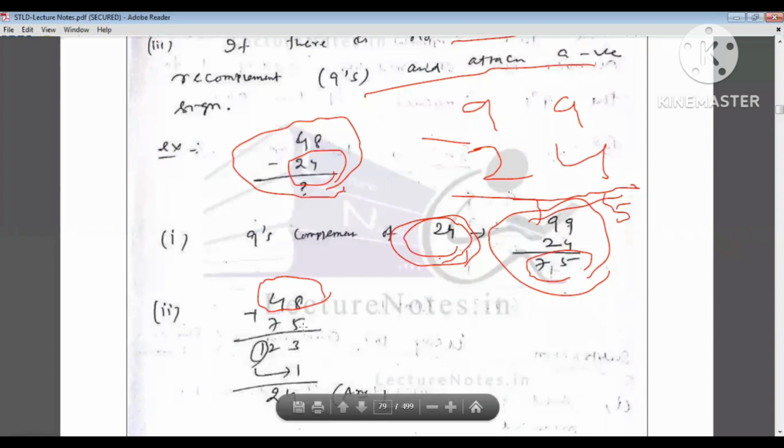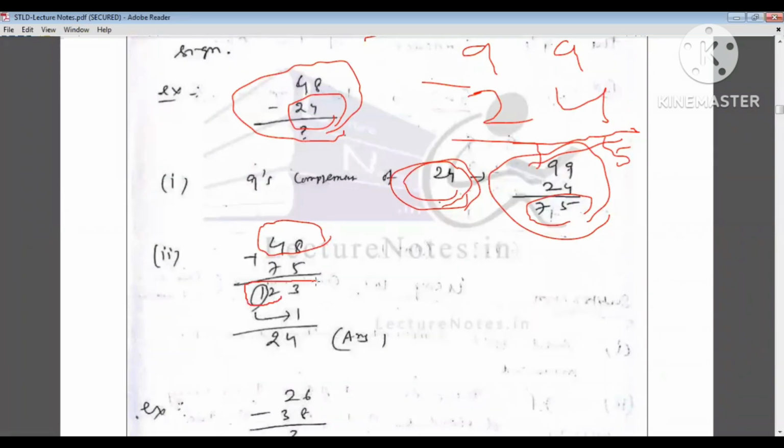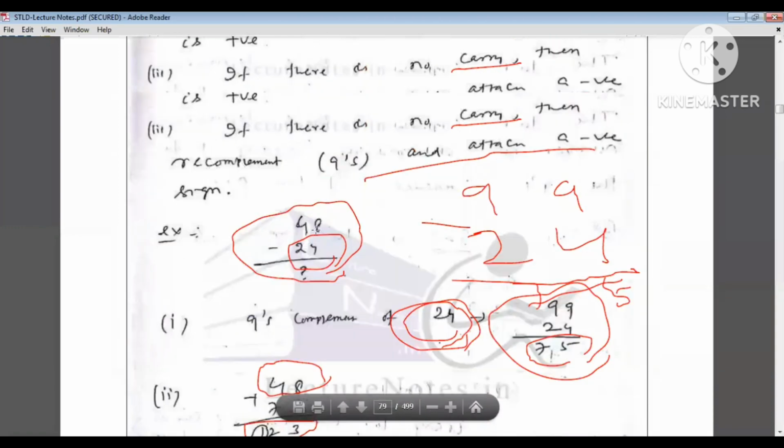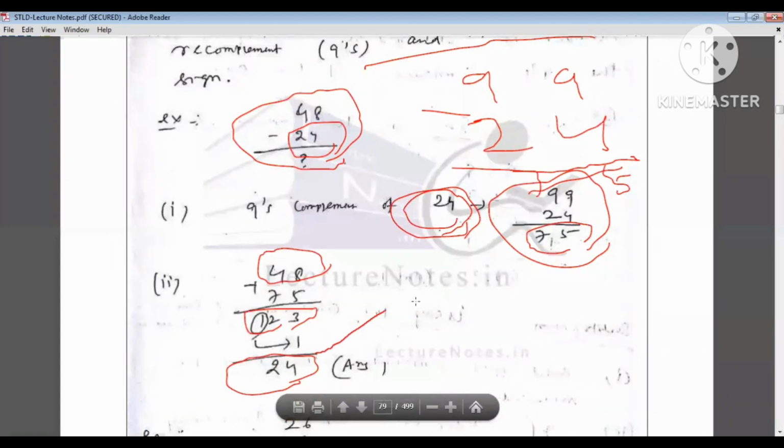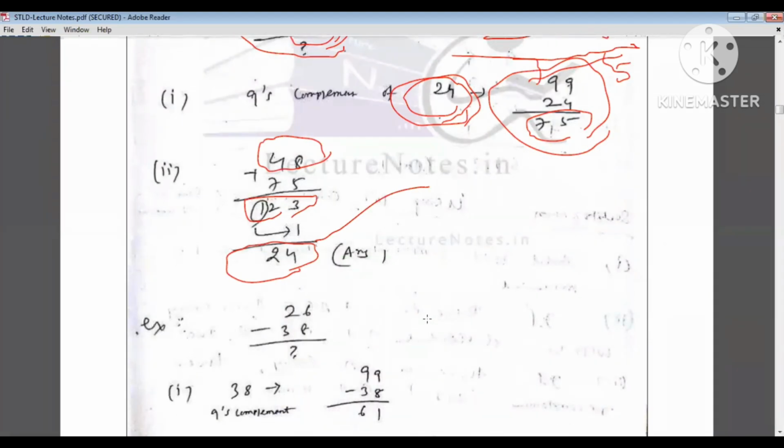When you add 48 with 75 this becomes 123. अभी इसको क्या करना है यहाँ पे. The 9's complement is same as 1's complement. 1's complement में क्या कर रहे हो, end around carry को तुम ऐड कर रहे हो, तो 23 plus 1, 24. That is the answer. 48 minus 24 is how much? 24. समझ में आया?